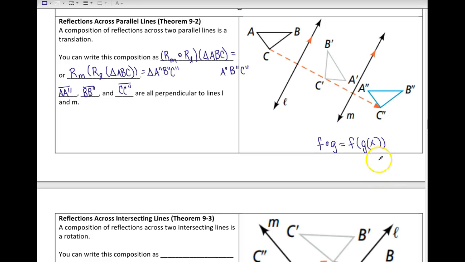Hopefully you guys remember that. If not, that's okay. That's when you would take one function and plug it in for x in another function. Okay? The same thing is going on here. This is a composition of transformations.